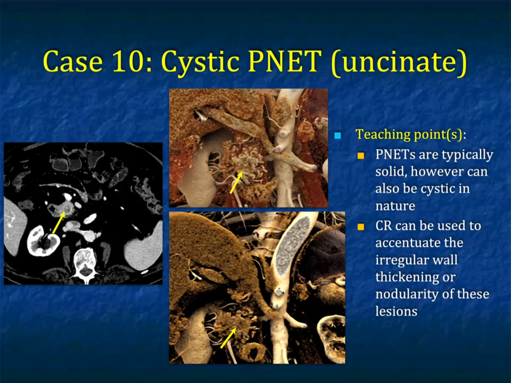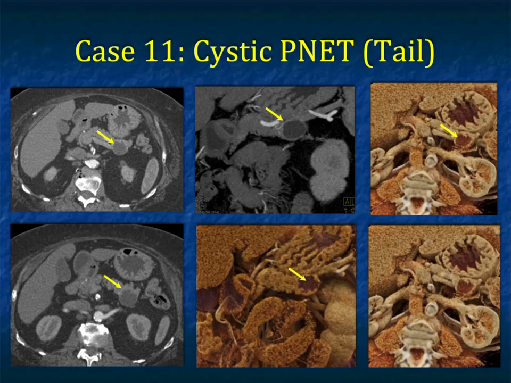Some of them are almost purely cystic, looking like an IPMN. The one helpful thing to me is those cystic lesions typically have rim enhancement. With IPMNs, there is no enhancement. As we said, neuroendocrine tumors are typically solid, but cystic lesions can occur. And again, looking at the wall of the lesion is going to be particularly helpful to you.